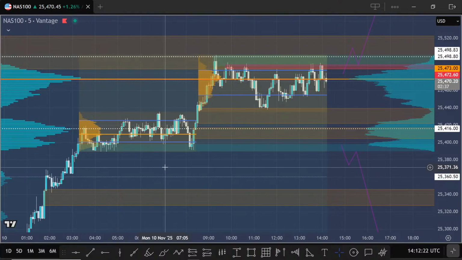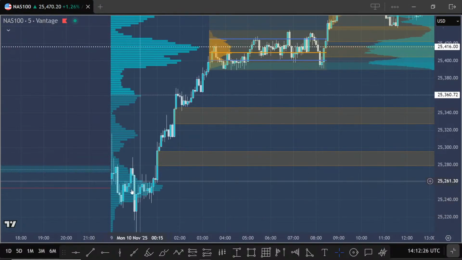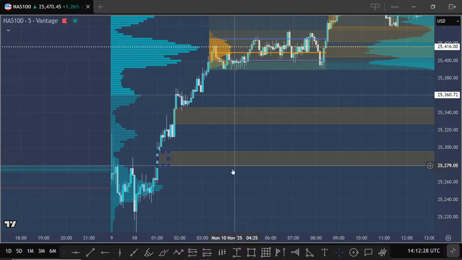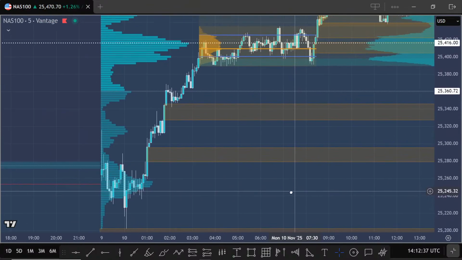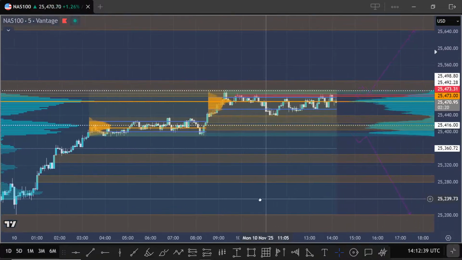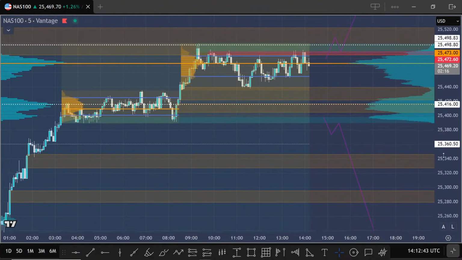With the daily profile factoring in the volume down here, there's actually quite a lot in here. So the value area low for the daily profile is literally right down here at this low volume node. It's interesting. I want to see if things get a bit clearer.